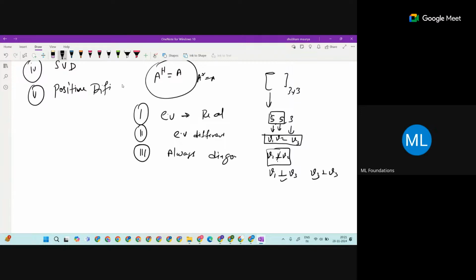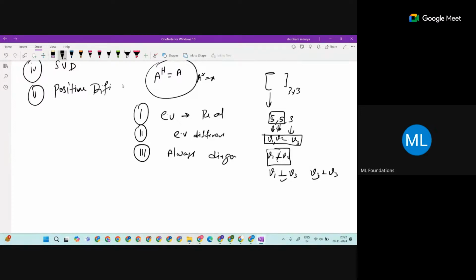Here, if the 5, 5 are the same, you will be able to get two different, sorry, independent eigenvectors. But the orthogonality will not be there between them.